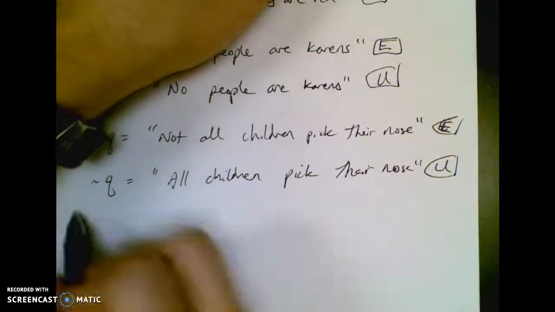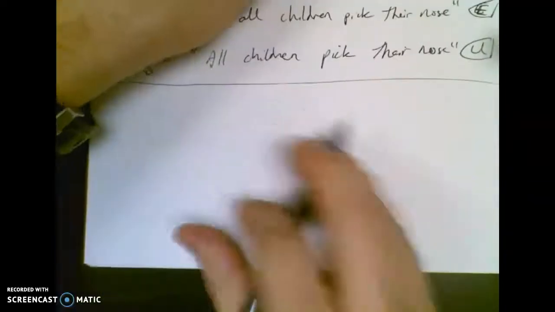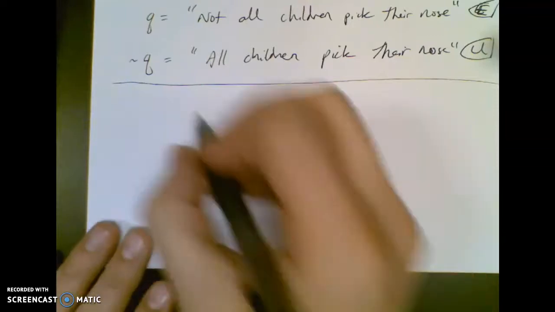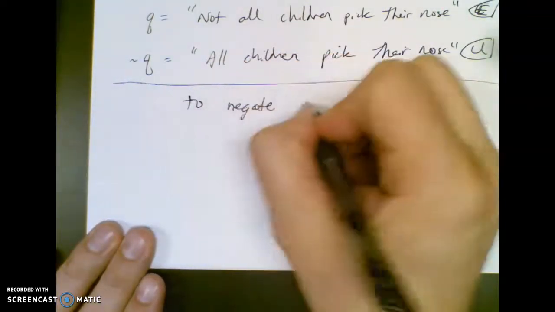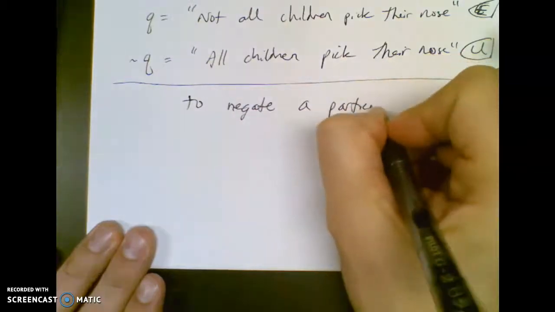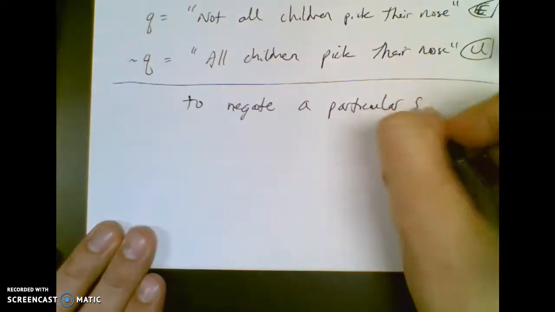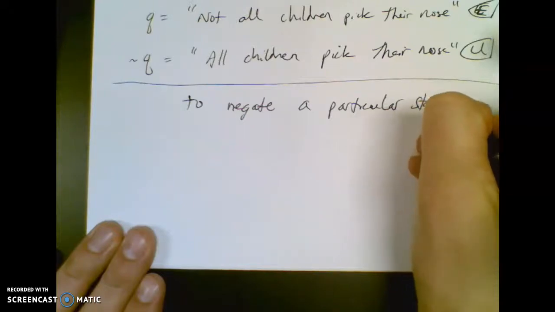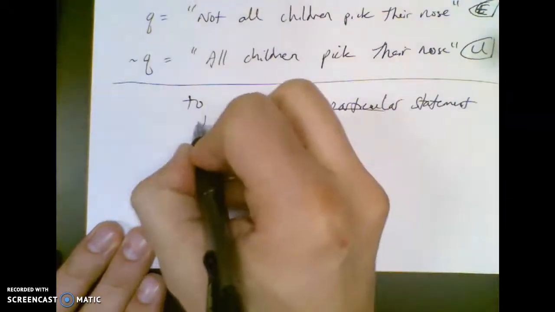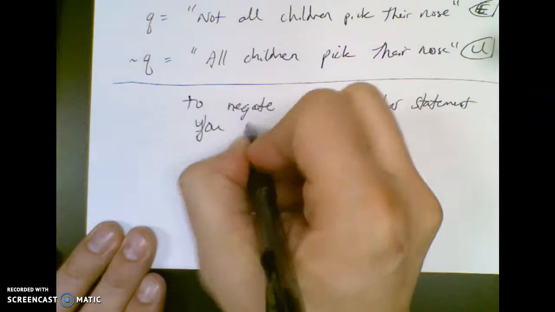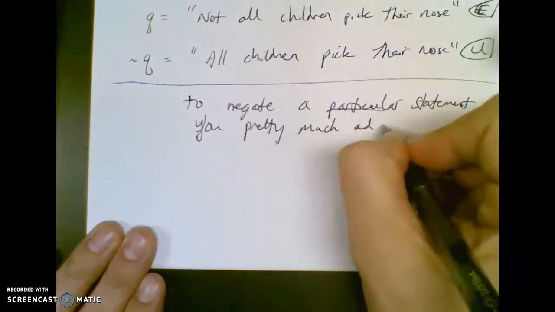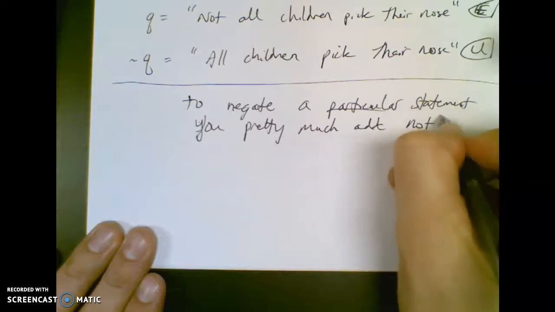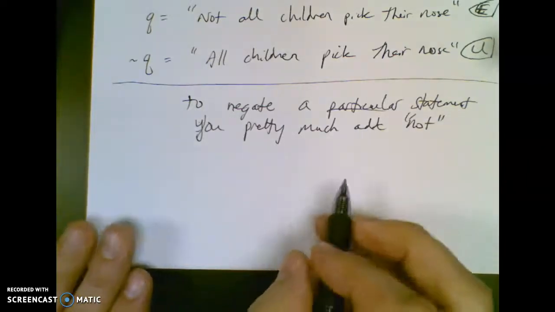The last one is how to negate a particular statement, and that's the easiest one. You pretty much add the word not. So you turn into like a first grader.